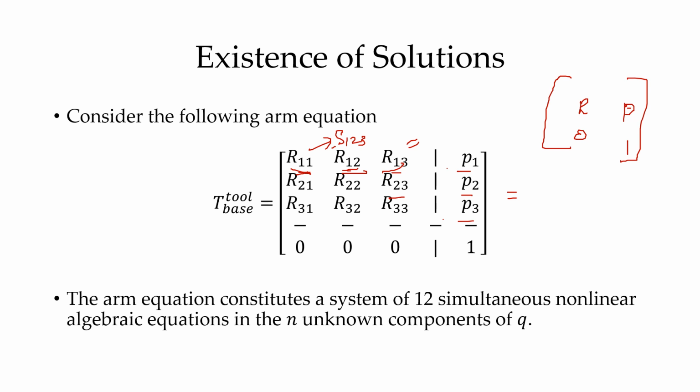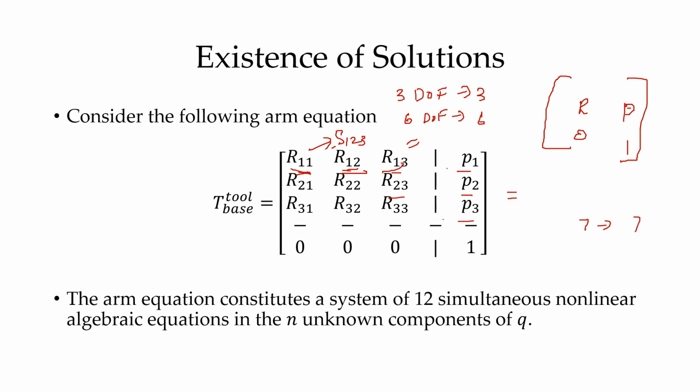But how many unknowns do we have? If the robot is a 3 degree of freedom robot, the number of unknowns will be 3. If it is a 6 degree of freedom robot, the number of unknowns will be 6. Similarly, if it is a 7 degree of freedom robot, the number of unknowns will be 7.